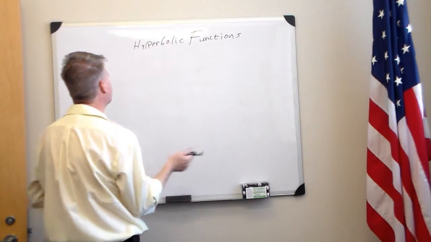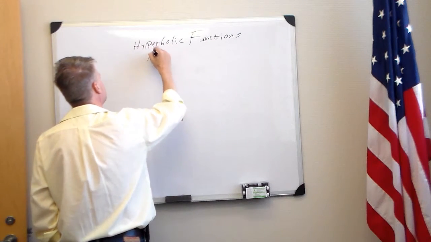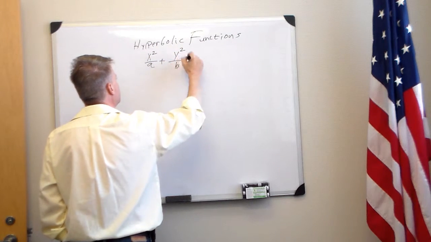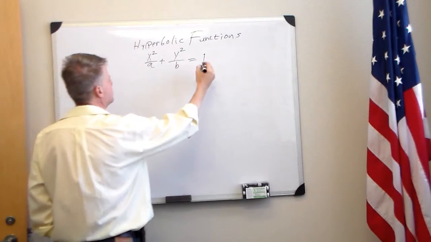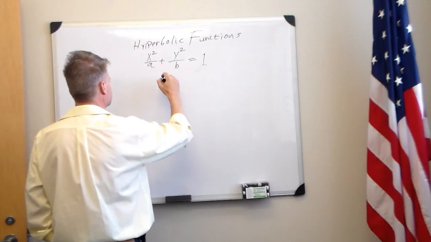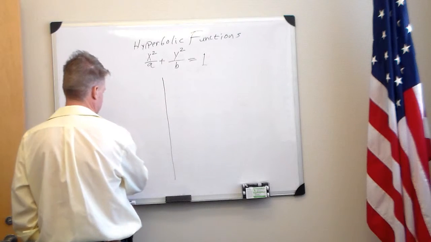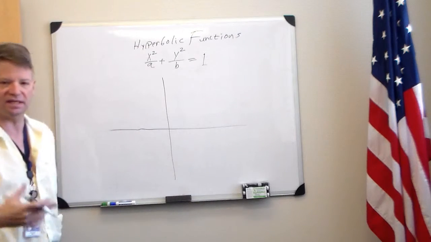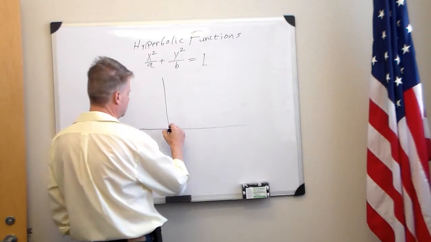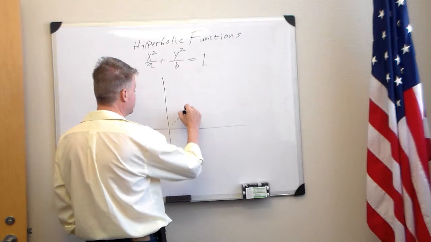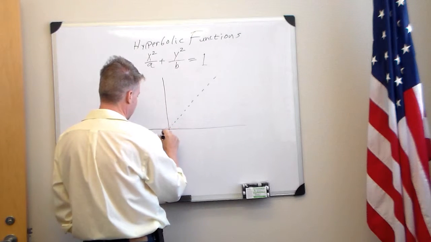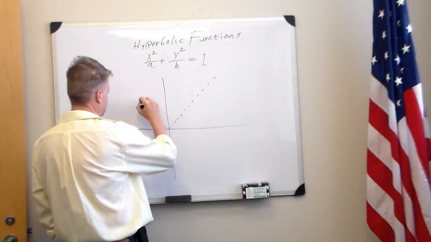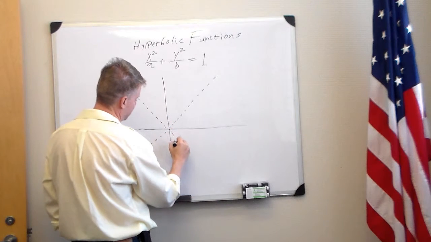The generalized form of the hyperbolic function is this. This function, depending on what A and B is, you can kind of skew it a little bit. But here, the two axes are actually at 45 degrees and 135.